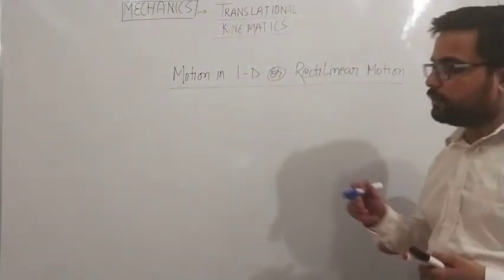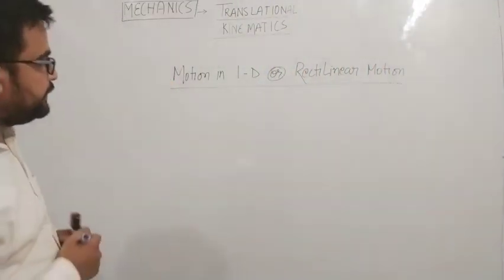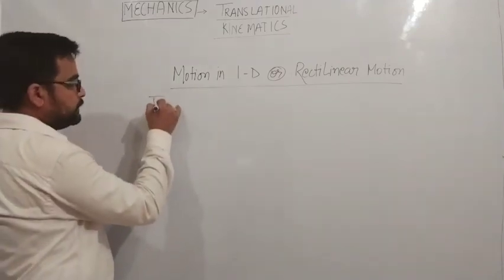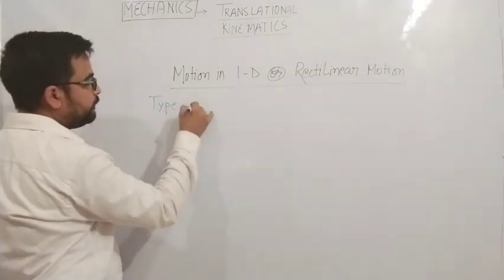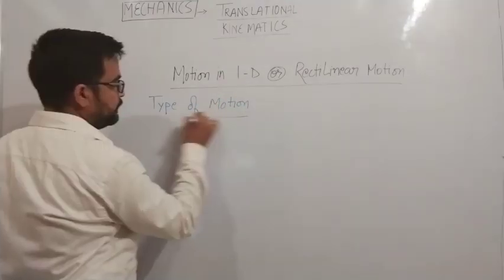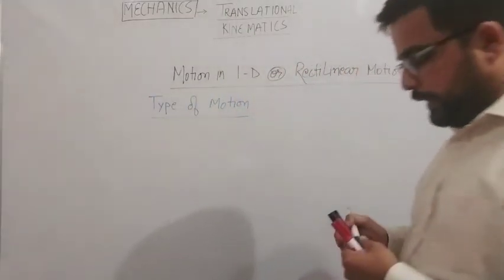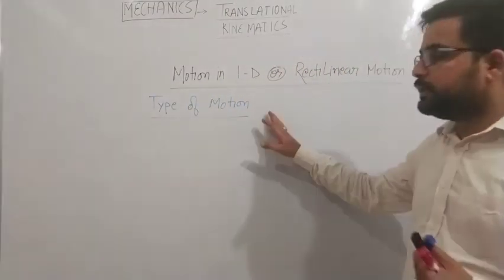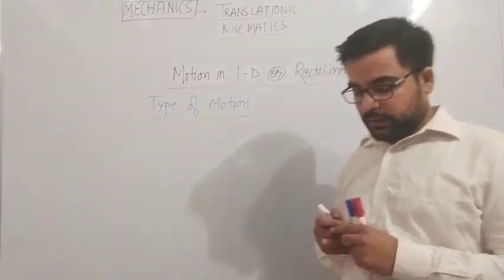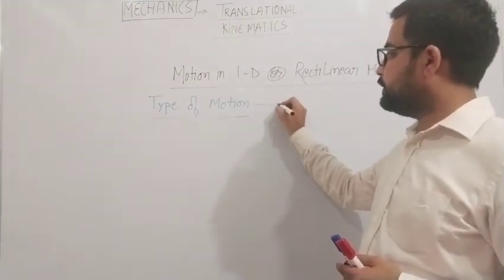After learning all the parameters, now we have to learn about the types of motion. Based upon the variation in the parameters, we can divide the types of motion into basically three types.